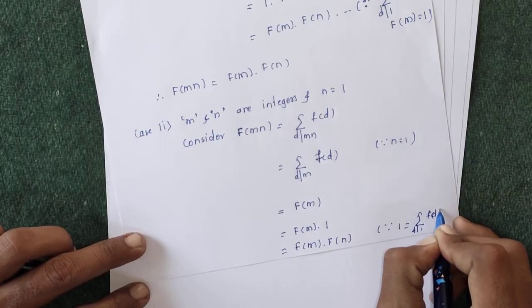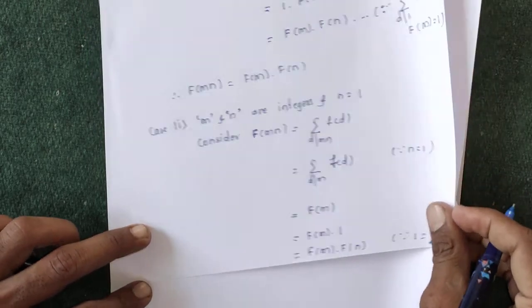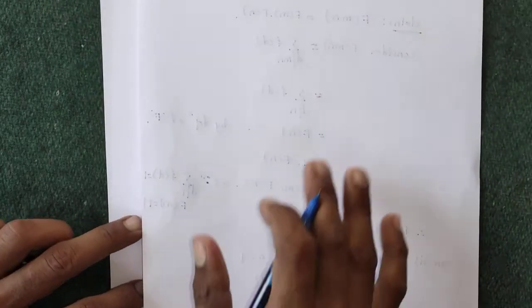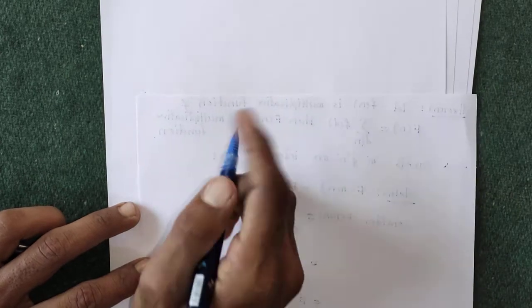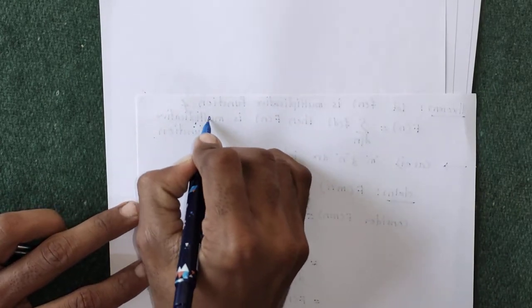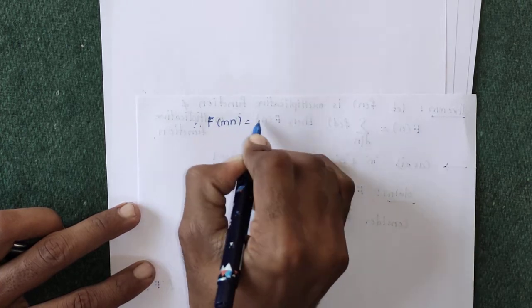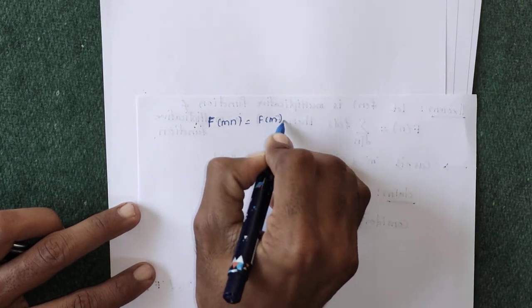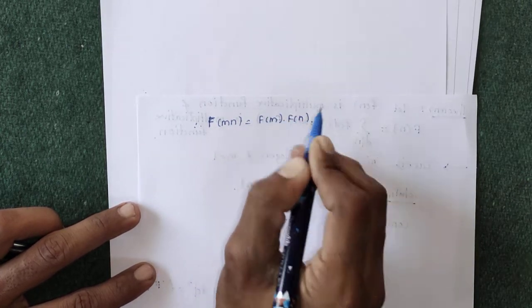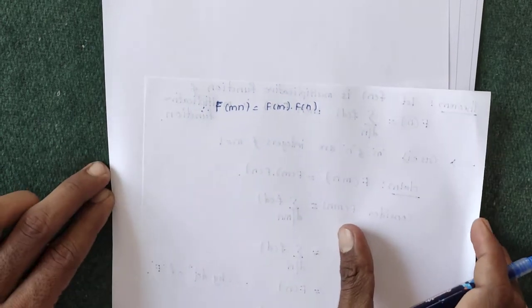So this is the proof of the second case. Therefore capital F of mn is equal to capital F of m into capital F of n. Hence the second case is proved.